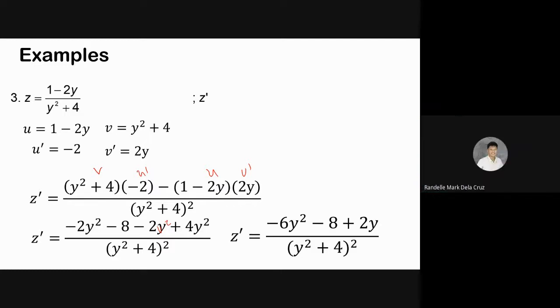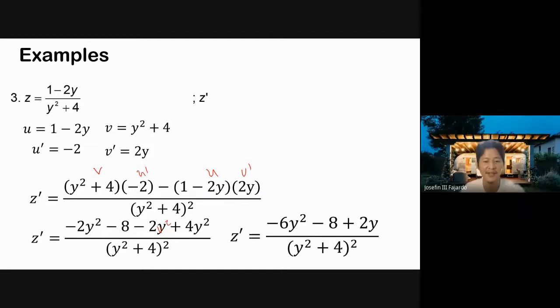Okay? Bakit na hindi? Sir, paano pala po nakuha yung negative 2y squared? Negative 2 tapos y squared, sir, tama ba? Multiply lang po siya. Itong negative 2y squared na to, ito?